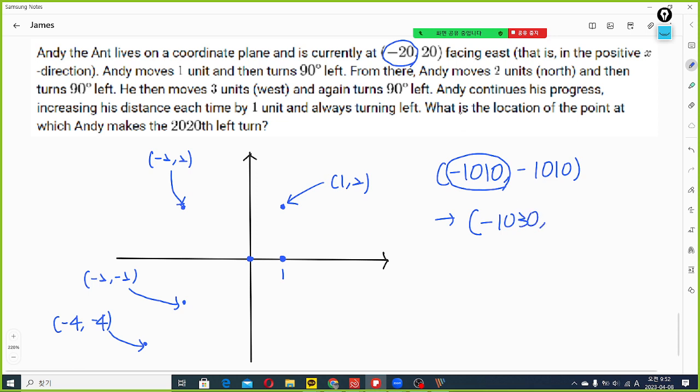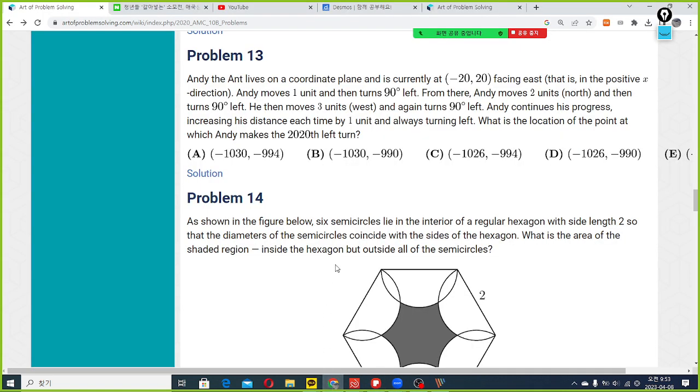And then add 20 to minus 10, that is 10. So that will be his position if we start from minus 20 and 20 instead of 0 and 0. So the answer is B.